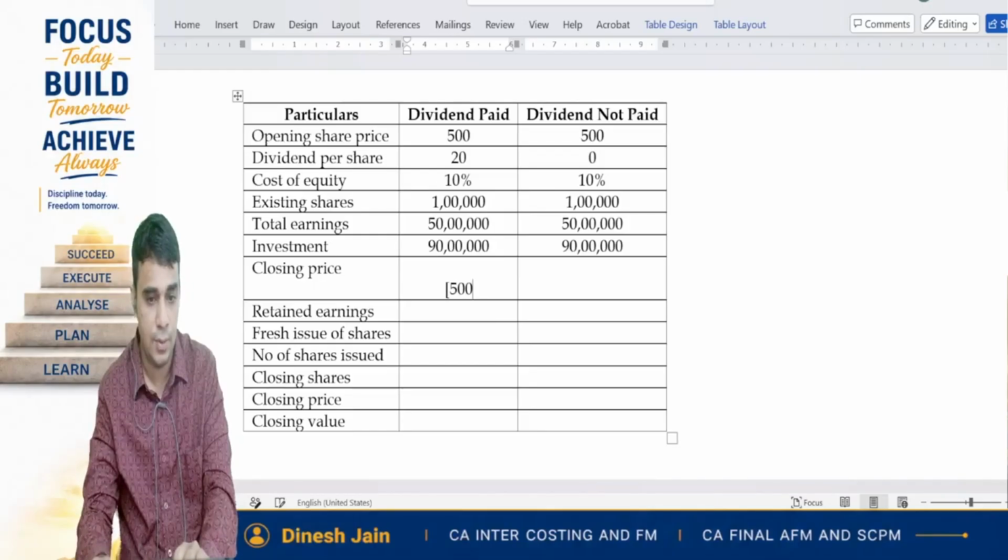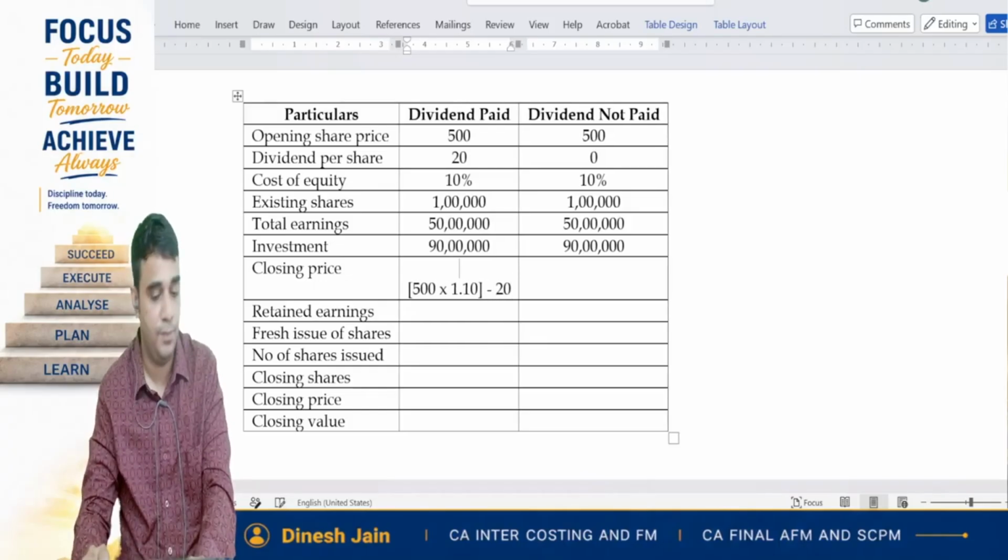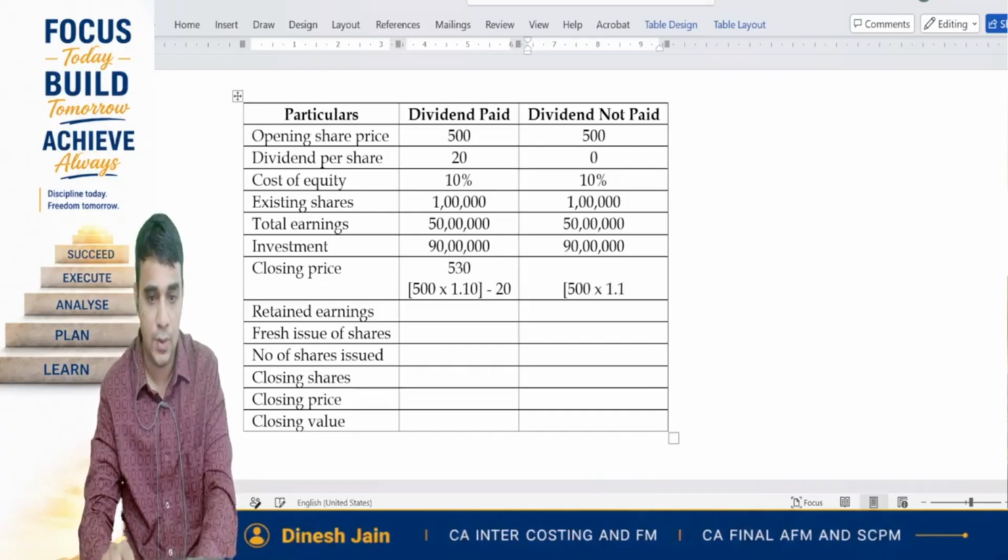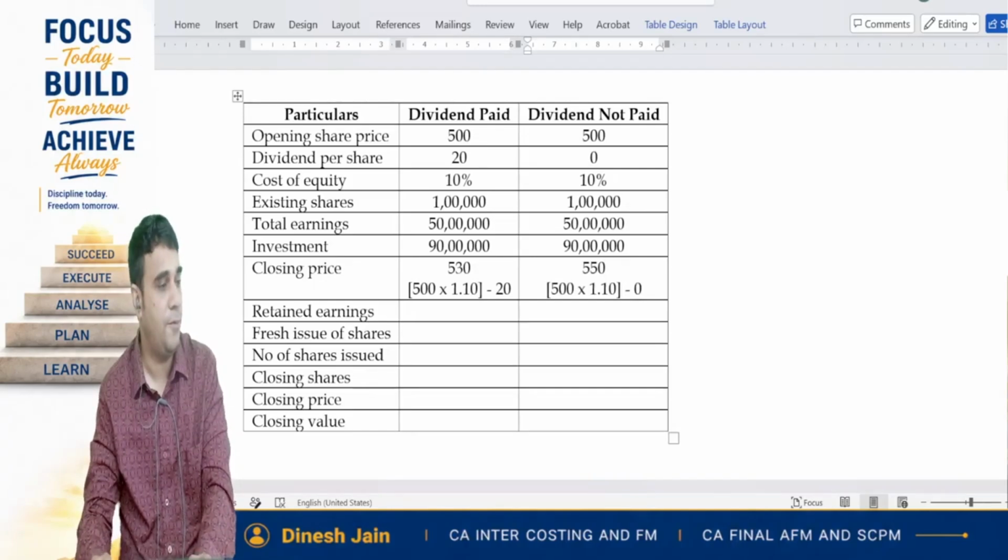500 into 1.1, and there will be a reduction of 20, which is 530. 500 into 1.1 minus 0 is 550.